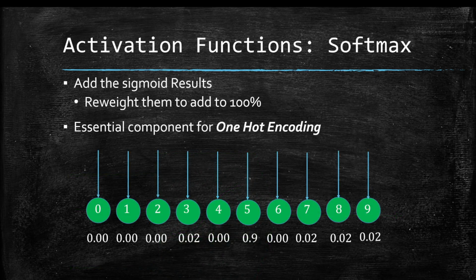Okay, now at the very end, we didn't create a final layer that is 10 objects wide. Instead, we used an activation function called softmax. If you remember, softmax adds all of the sigmoid results and reweights them to add up to 100%.